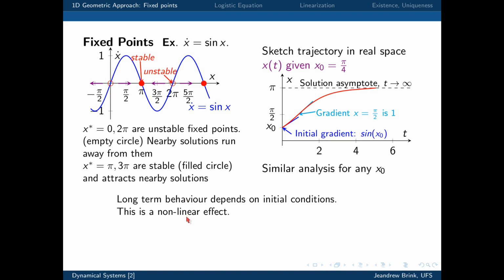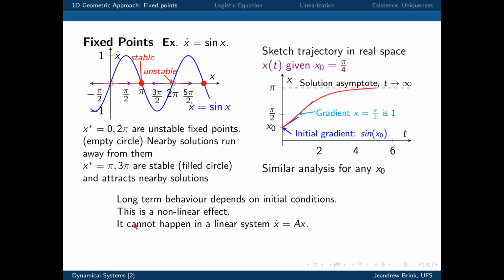And this fact is a nonlinear effect. Remember, we said that this graph was nonlinear because the right-hand side was not linear. In other words, it couldn't be written as some constant times x. And the fact that the long-term behavior can go to different solutions or fixed points is basically dependent on which initial condition it starts on.